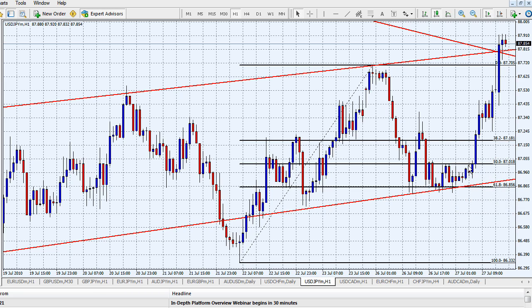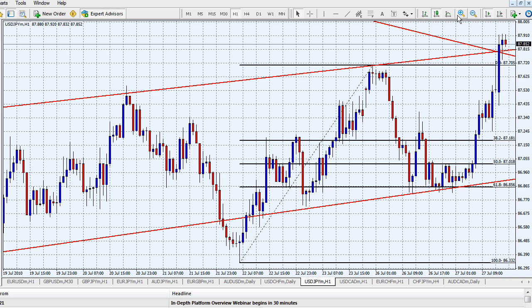You'll notice that that level was respected as this hourly candle went up and tapped it and pulled back. Then it hit it again, and now what I'm watching for at this point is for that time where it's going to now respect this move and go ahead and pull through this level.